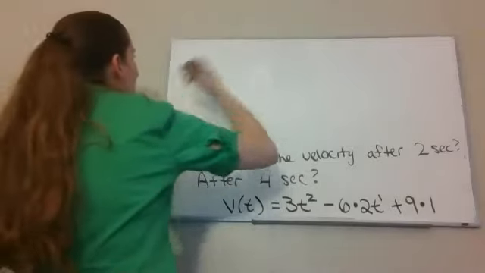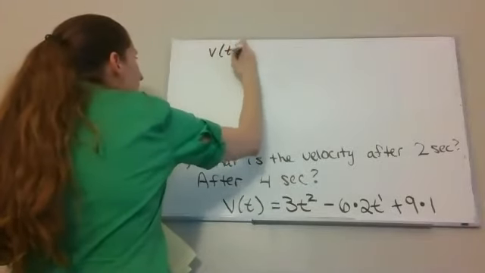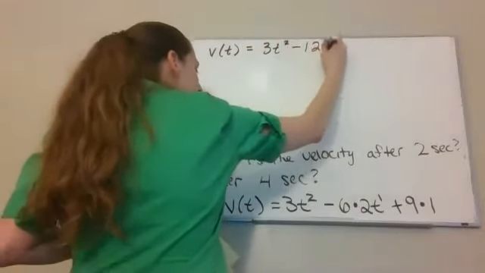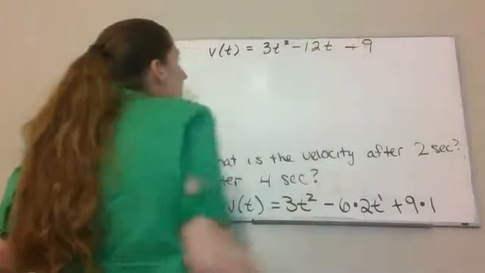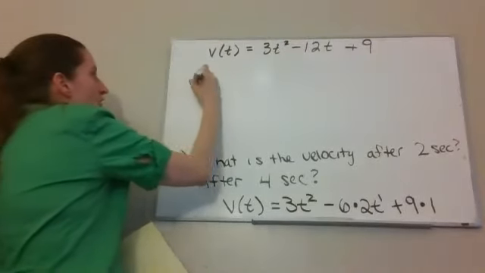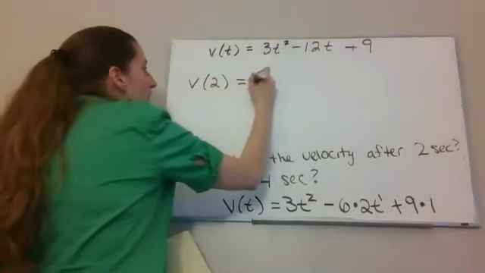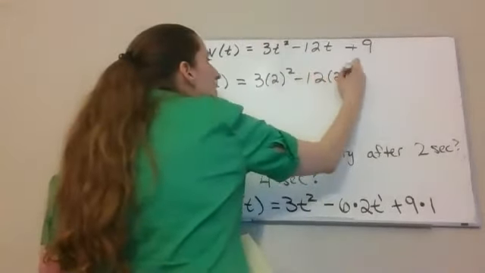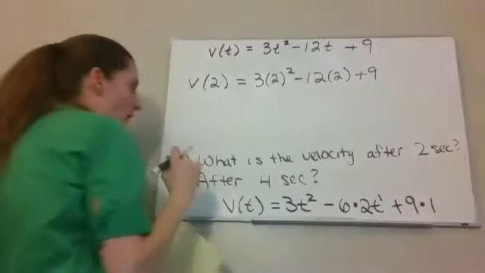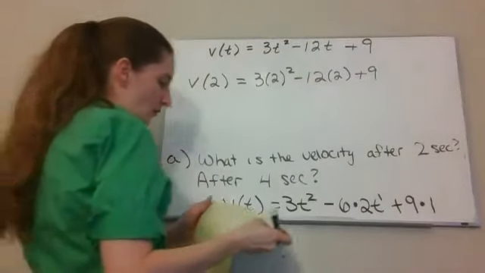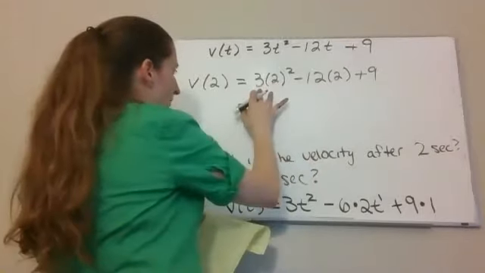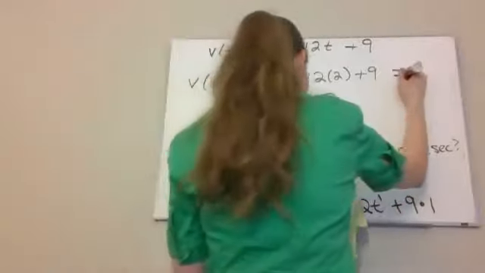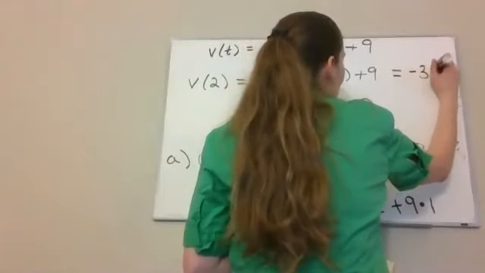So simplifying this velocity, I get 3t squared minus 12t plus 9. And so my velocity after 2 seconds can be found by plugging a 2 in. So this would be 12 minus 24 plus 9, and we get negative 3 meters per second.